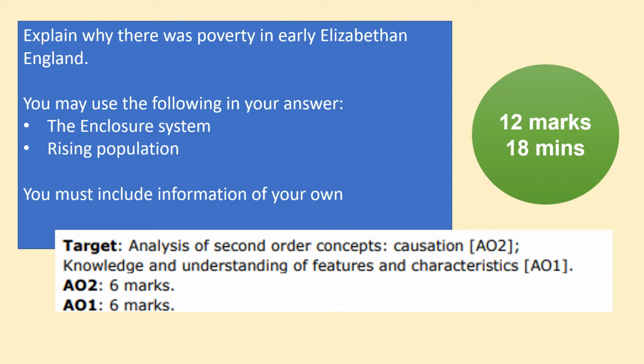So it could be what caused poverty, what caused the threats against Elizabeth, or what caused the Spanish Armada. There will always be a causation question. What caused the development of exploration in Elizabethan England? And then we see knowledge and understanding, AO1, and it's equally weighted across the two.